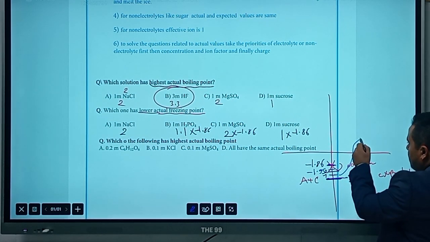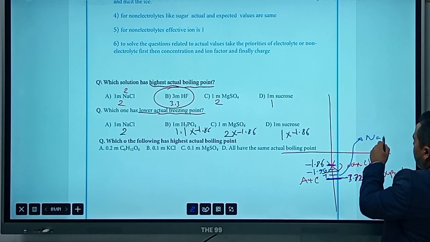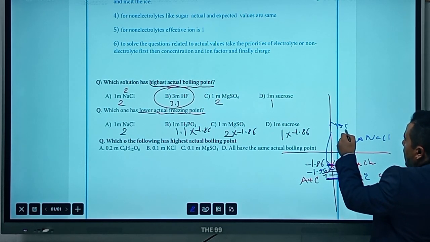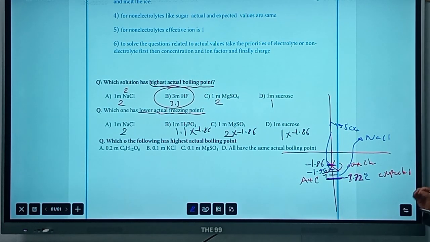So the first one is what? NaCl. And the second one is MgSO4. So here, which one has a lower actual freezing point?